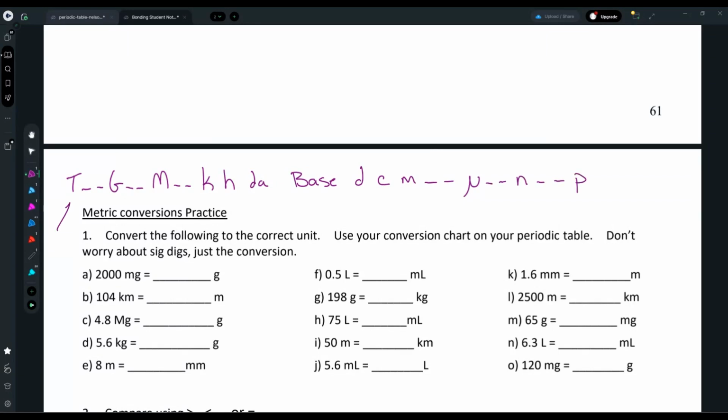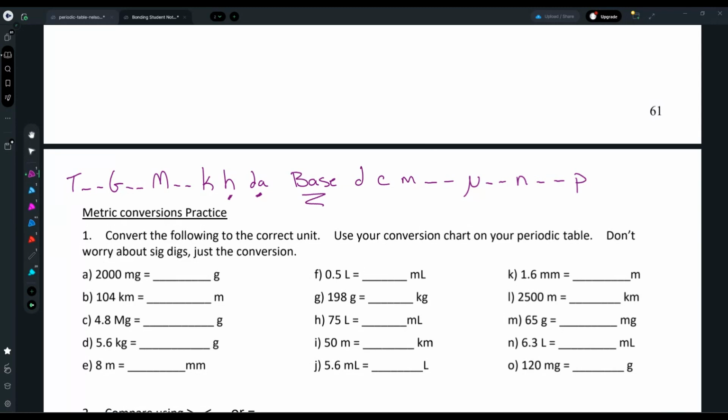What all of these letters mean are just the prefixes. T is for tera, G is for giga, M is for mega, kilo, hecto, deca. Base units are just any units that obviously don't have a prefix.